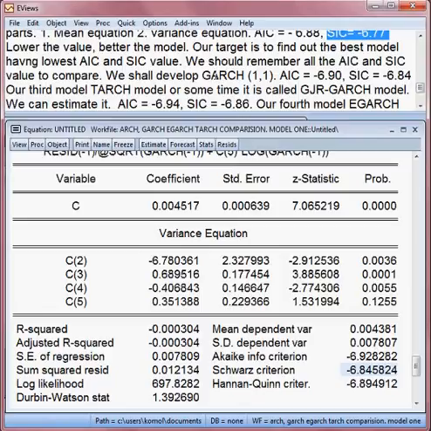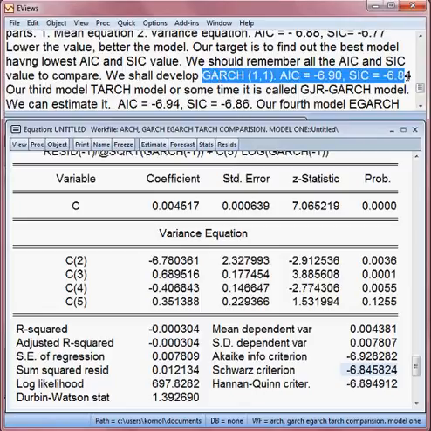Then the second model, GARCH 1,1, where the value of AIC was minus 6.9 and SIC was minus 6.84.